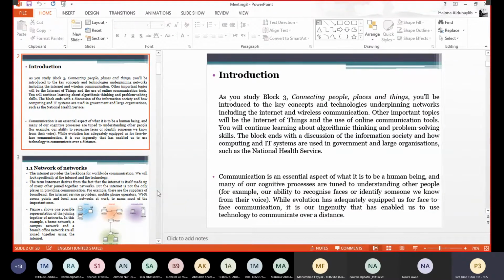And this makes possible the evolution of identity distinguishing, like face recognition, eye recognition, voice recognition. And this enables us to communicate at a distance.